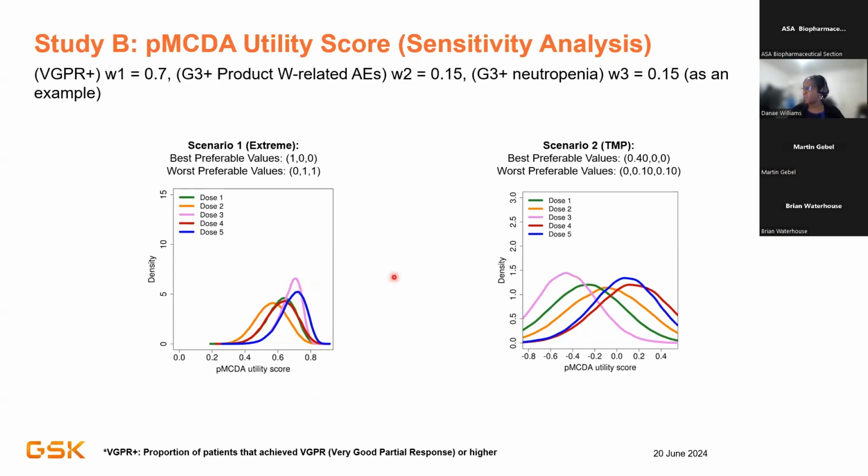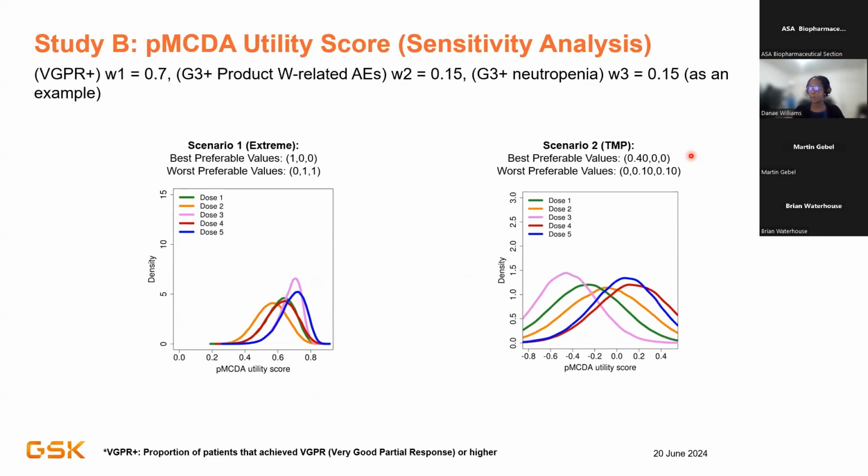And if you take a look on the right, this was another scenario that we explored, in this case, aligning towards the product W's target medicine profile, where we're saying that the best preferable values would be at least 40% of patients had achieved a VGPR or higher, and again, no patients experiencing those risks.